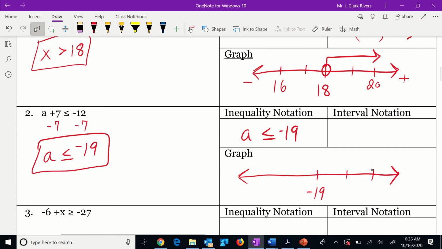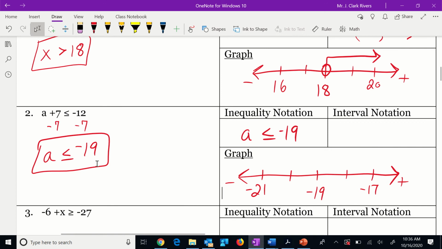It's negative 17. What's one number to the left of negative 19? It's going to be negative 20. And how about another one to the left? Negative 21. So there you go. Remember, all your negative numbers are going to be to the left.